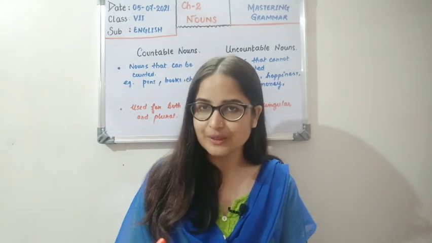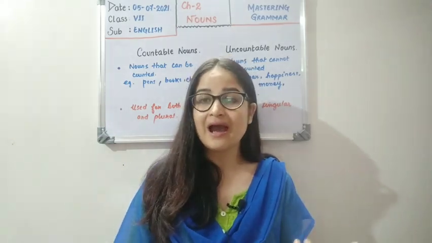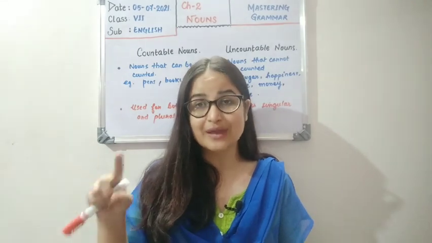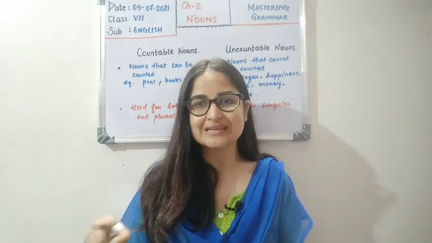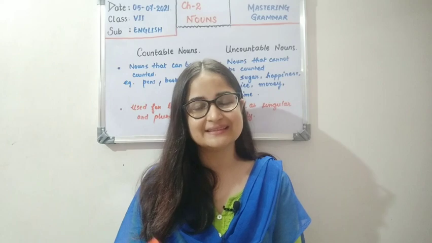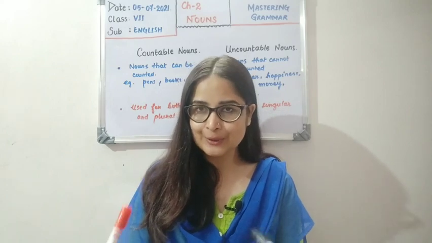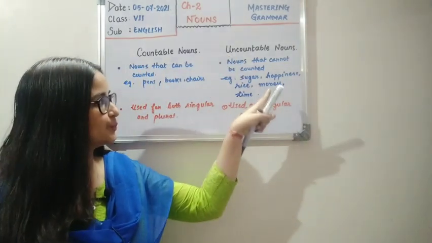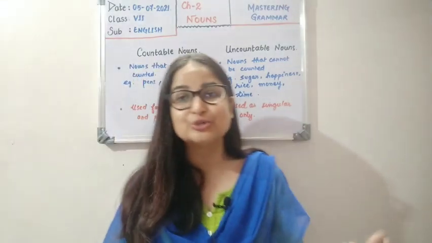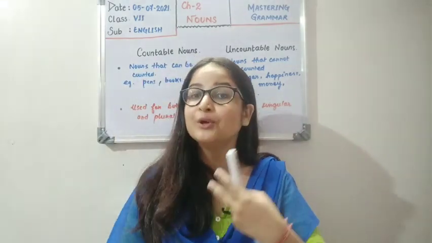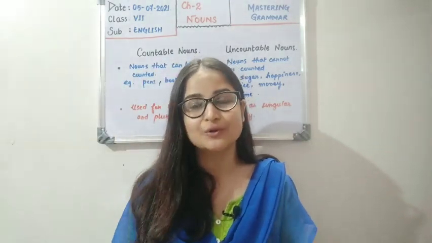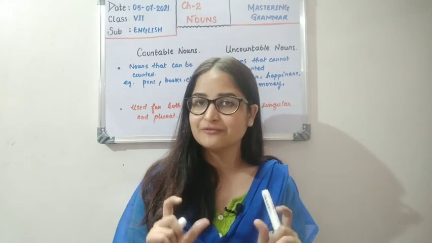So this is countable, a pen. Or I have pens, you can make it plural. You can just add an s to it and it becomes plural. But what did I tell you with this one? You cannot write sugars. You cannot make it plural. It has always to be used in singular form only.